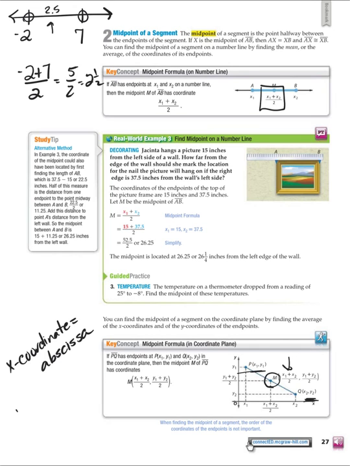And if I want to find the y-coordinate, I just average together the two y's. And the y-coordinate's called the ordinate, by the way. Okay? So if I'm finding midpoints, I'm thinking averaging.